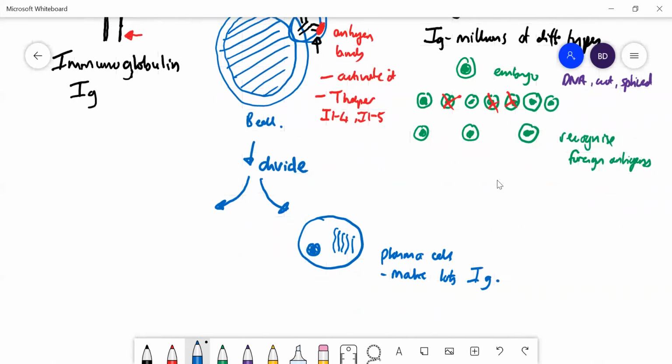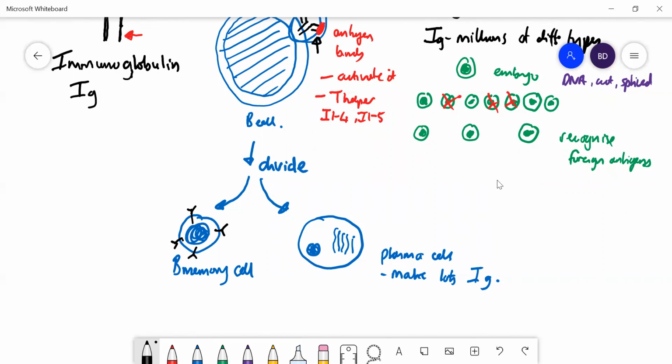But they also produce a kind of cell called a B memory cell. As the name suggests, it's got the correct immunoglobulin on its surface, and it will just hang around in the lymph glands for the rest of your life.